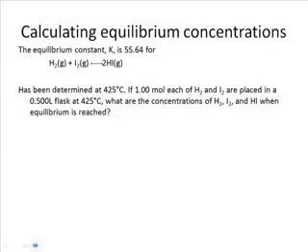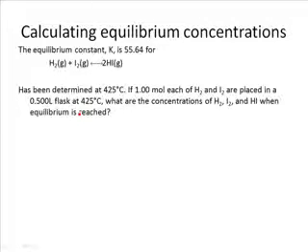All right, so let's look at another one. Here, it's giving us the K value, and it says 1 mole of each are placed in a 0.5 liter flask at 425 degrees Celsius. It wants the concentrations of those three when equilibrium is reached.